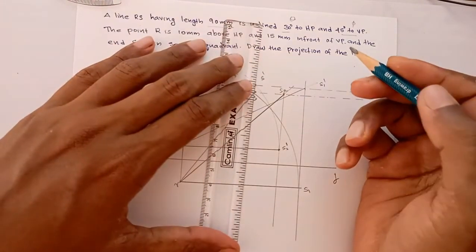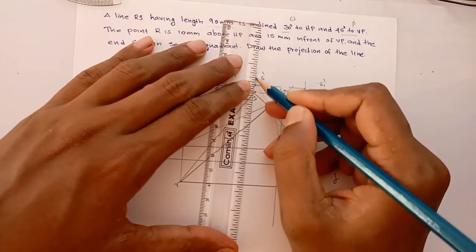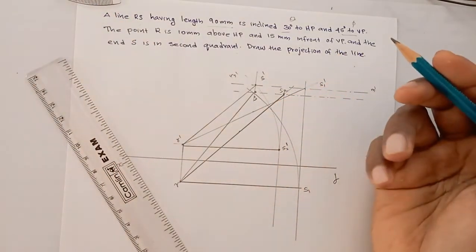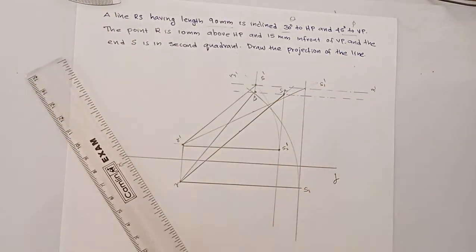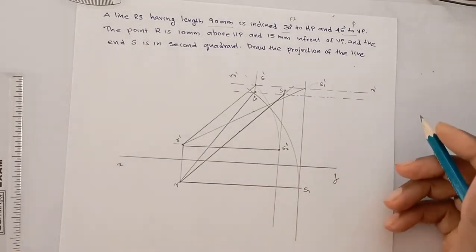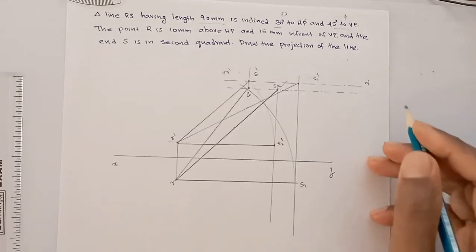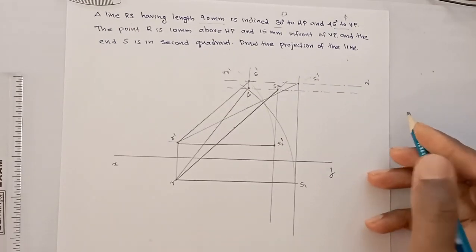This front view and top view will be in a straight line. Okay, it looks like quite a complicated problem, but it's not. So you need to follow the procedure exactly.